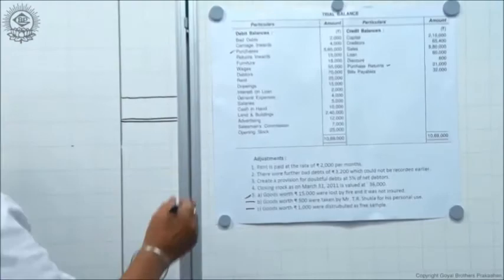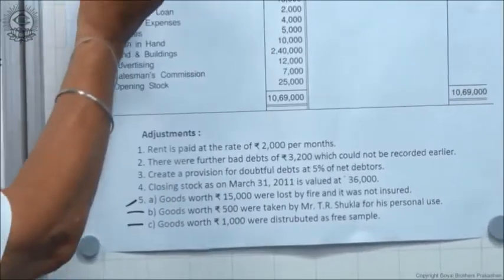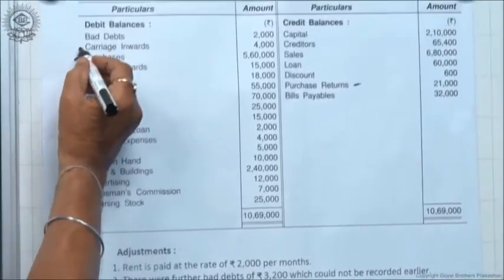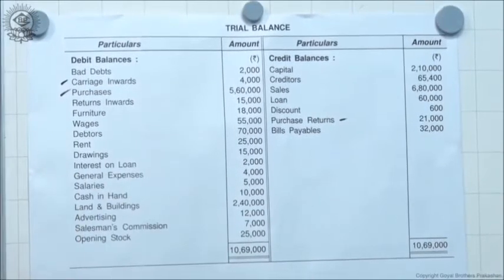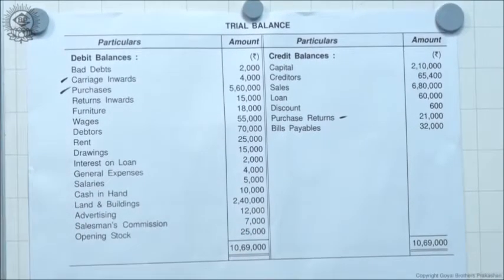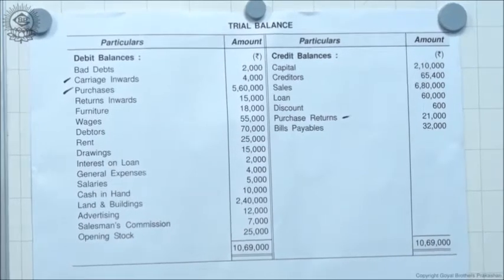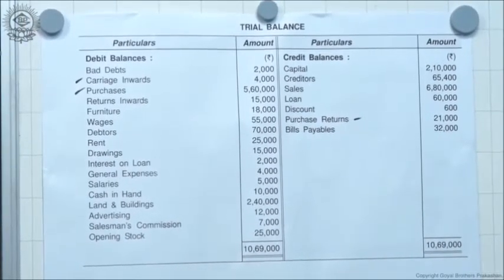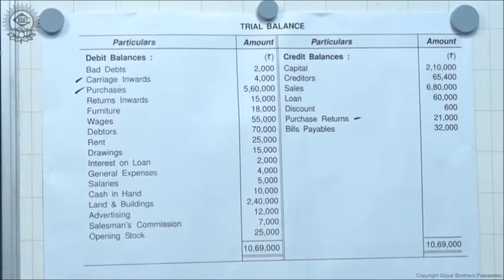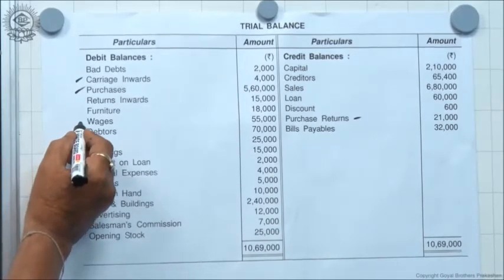इसके बाद देखें हमारे पास ट्रेडिंग अकाउंट की कौन कौन सी आइटम है. एक है कैरेज इनवर्ड. This is how much? 4,000. Carriage inward, 4,000. Then we have wages.